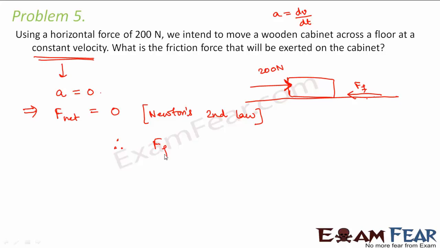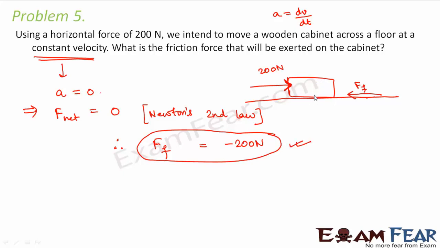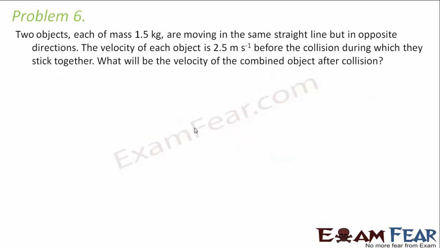Therefore, the frictional force should be equal to minus 200 Newton. That means it has to be equal in value to the applied force and at the same time it should be in the opposite direction. So in that case what will happen? The net force on this cabinet would be 0. As a result, the acceleration of this cabinet would be 0, because of which it can move with a constant velocity.